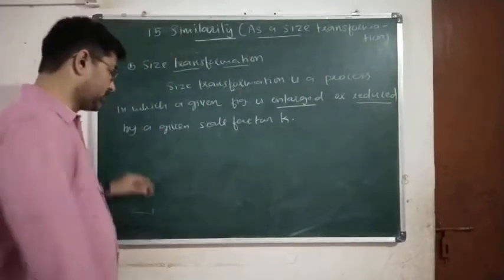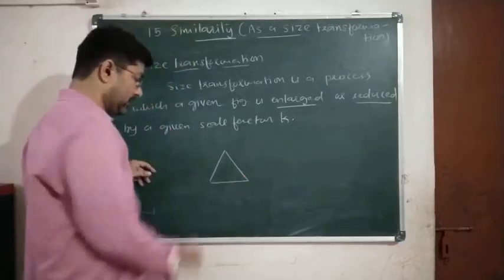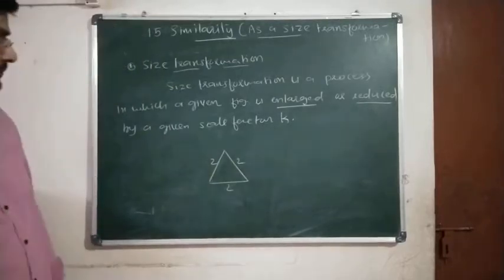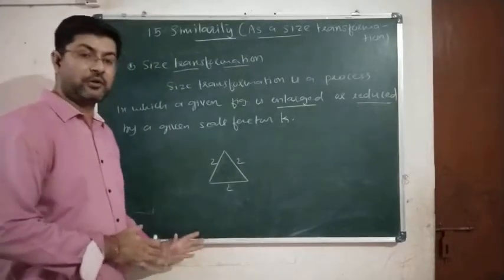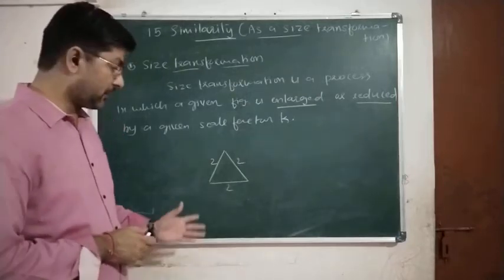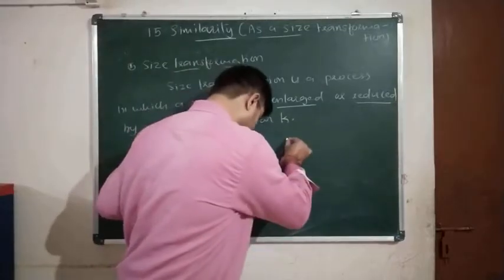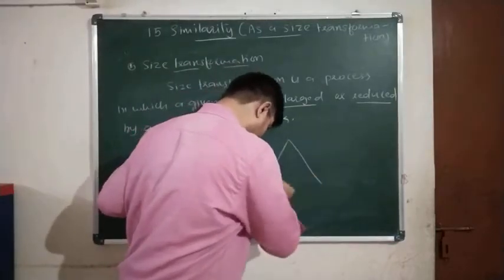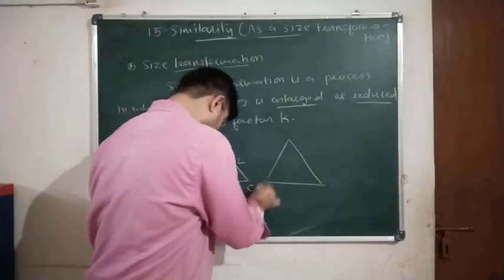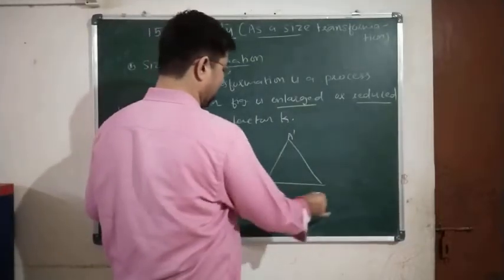Suppose you are given an equilateral triangle, each of whose sides is 2 centimeters. If we draw another triangle, the same equilateral triangle only, but the length of each side is 4, 4, 4. So the length of each side is double the side of the original triangle ABC, and the new triangle obtained is A dash, B dash, C dash.